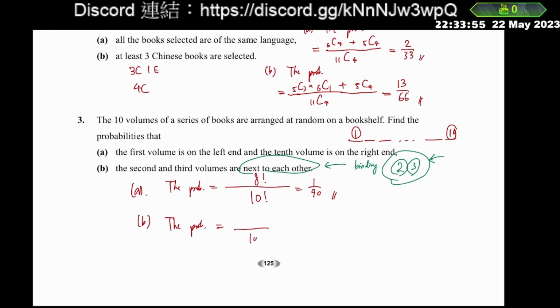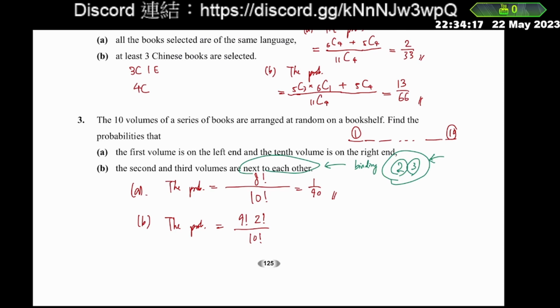again the denominator will be 10 factorial because there is no restriction. For the numerator, there are only 9 things because 2 and 3 are put together as 1, therefore it will be 9 factorial. And the 2, 3 itself can be 2, 3 or 3, 2. It can permute itself. Therefore, we multiply it by 2 factorial.